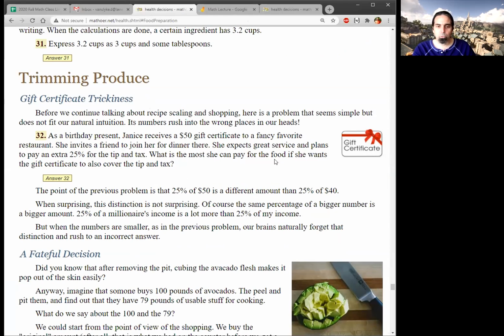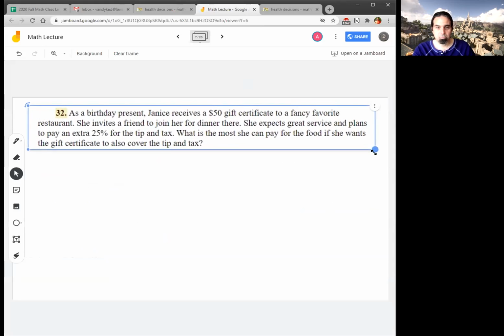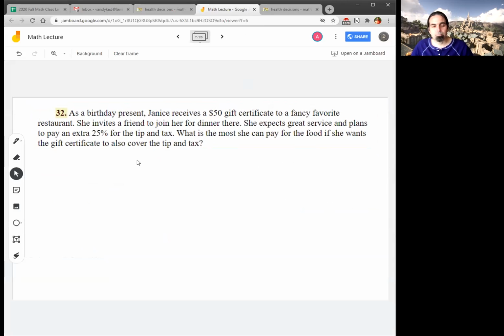What's the most she should pay just for the food if she wants the total to be 50, including the tip and the tax? Any ideas?